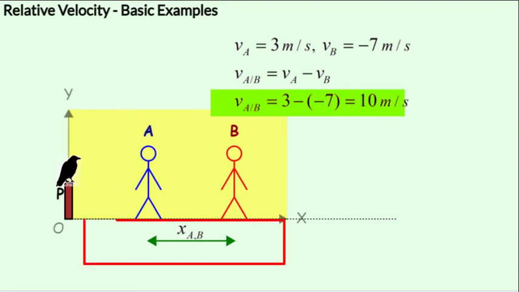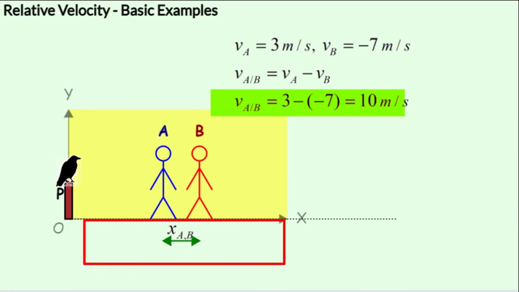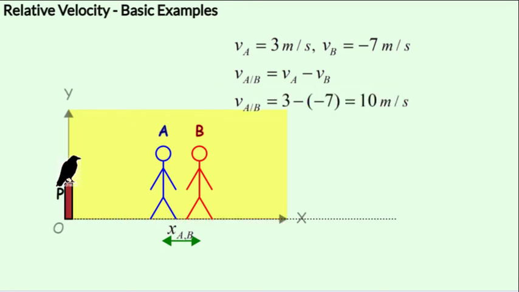The gap between A and B is narrowing, so the displacement xA with respect to B is decreasing at the rate of 10 meters per second. And you can see clearly from the formula itself that VA with respect to B is the negative of VB with respect to A. The magnitudes would be the same, but their directions would be opposite.